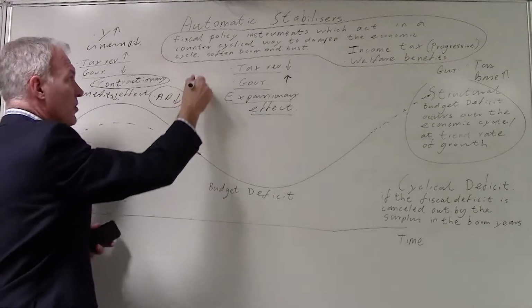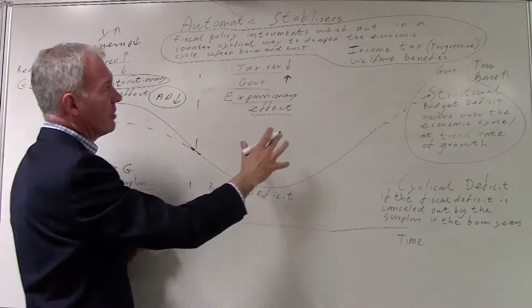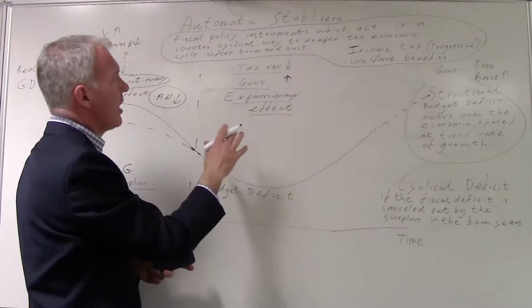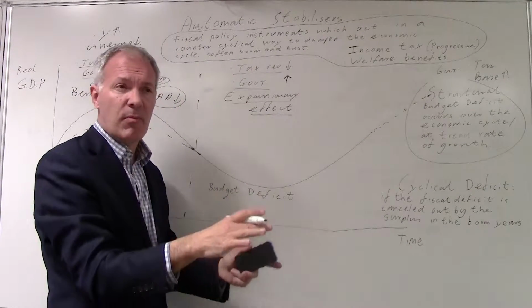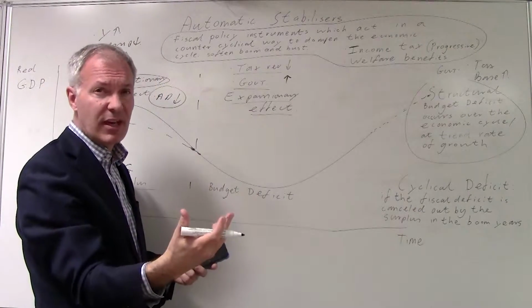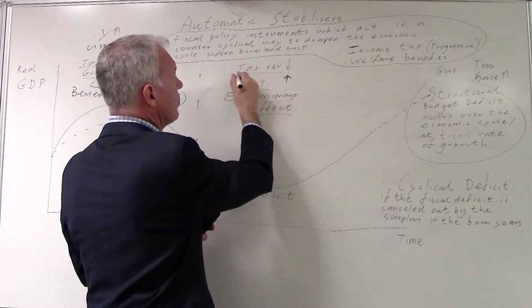And then the opposite happens, of course, when we're heading towards a recession. In a recession, people's incomes will tend to fall, and they might fall down a tax bracket, so they pay a lower proportion of their income in taxation, and therefore the tax revenue will tend to fall.